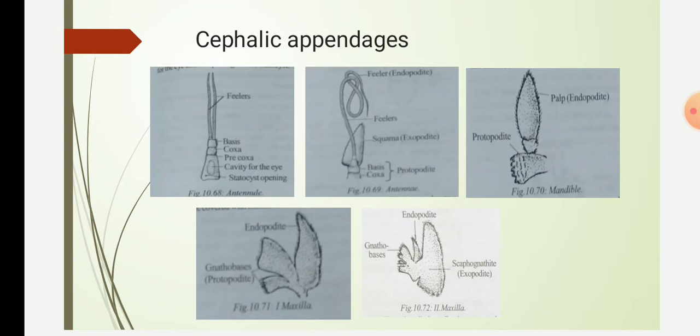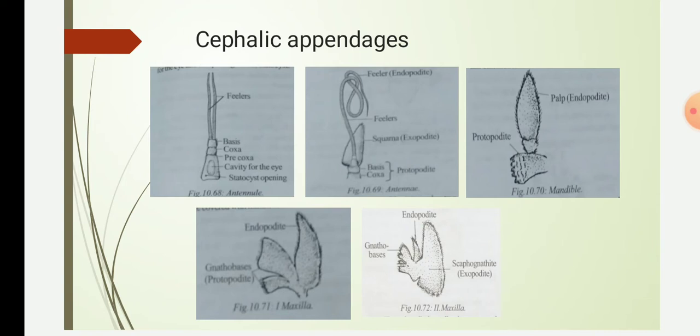Each antennule has a protopodite made up of 3 podomeres or segments, that is precoxa, coxa and basis. The precoxa is hollow and contains a cavity to place an eye, and an opening for the statocyst. The statocyst is a sense organ.